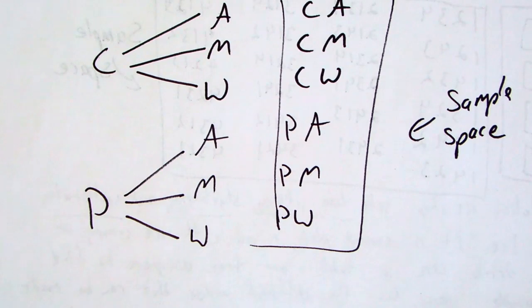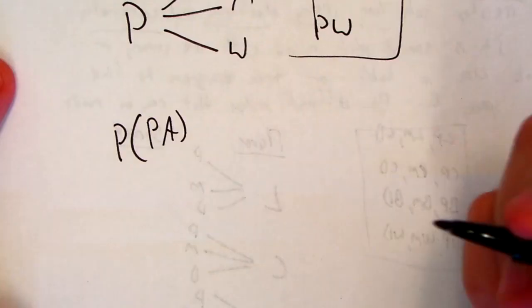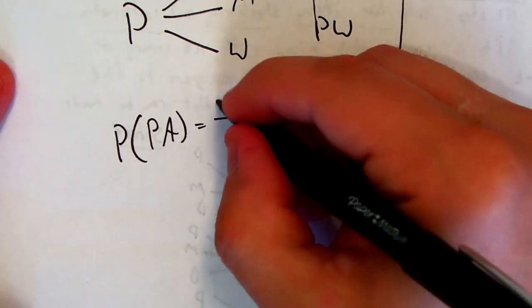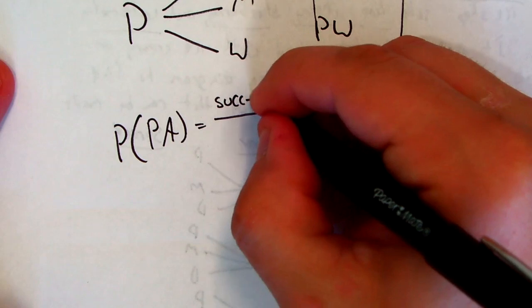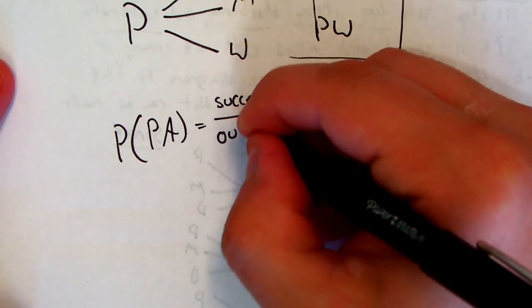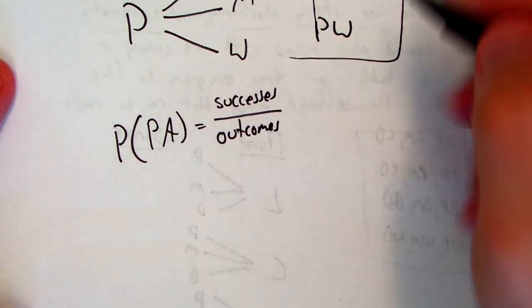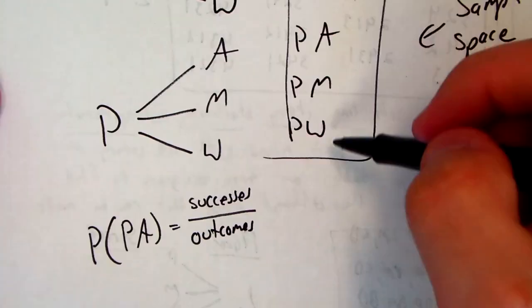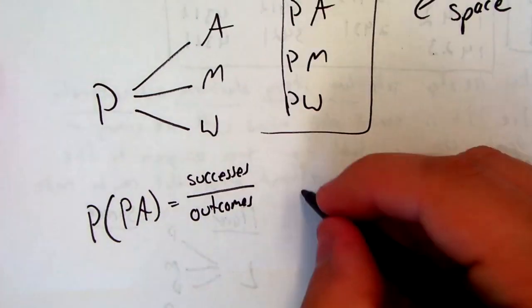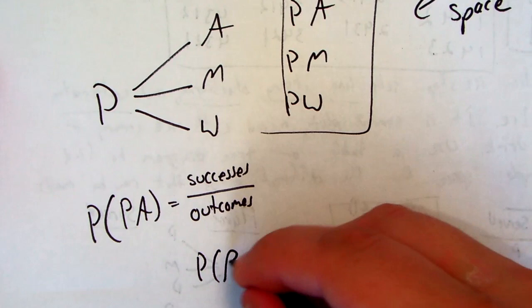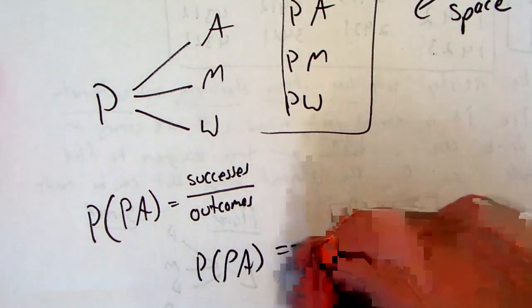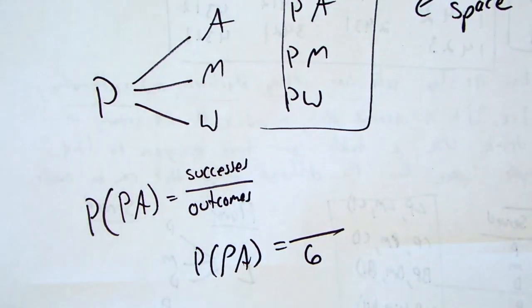Next, it says, what's the probability of ordering pretzels and apple juice? So, we want to do the probability of pretzels and apple juice. And that's going to be, again, successes out of total outcomes. There are 6 items in our sample space, which means that we're going to have 6 possible outcomes.